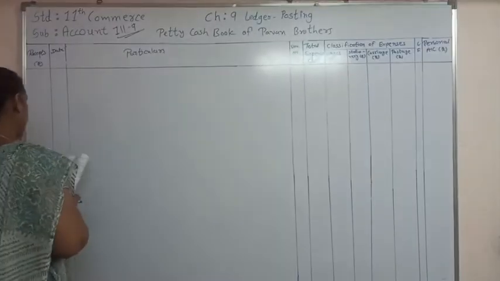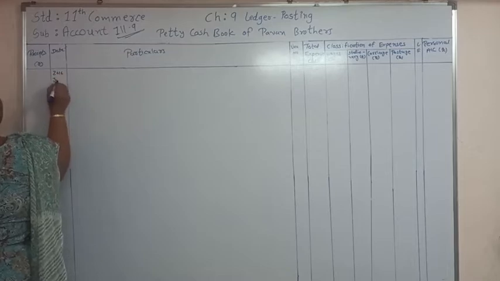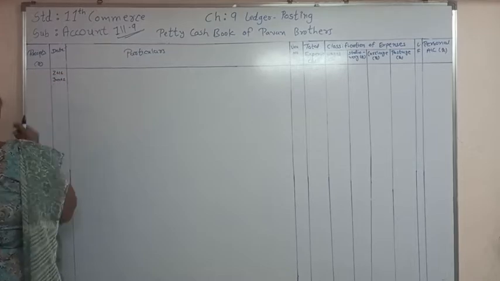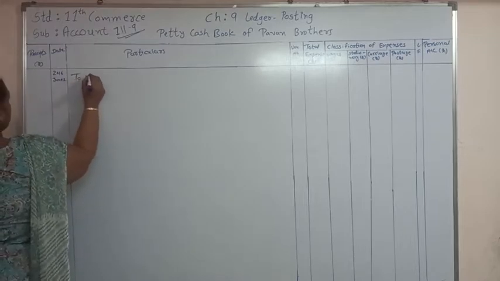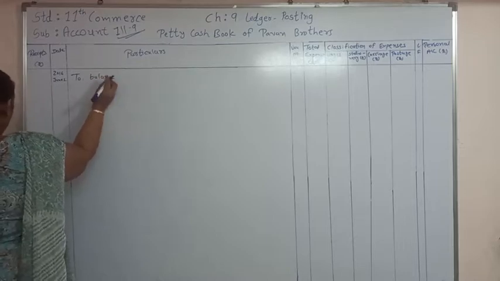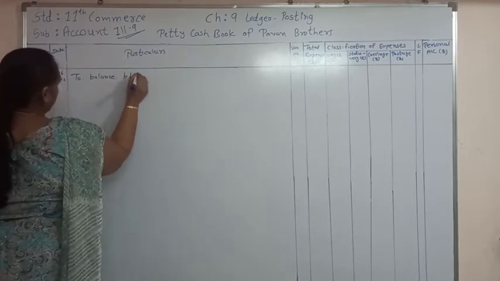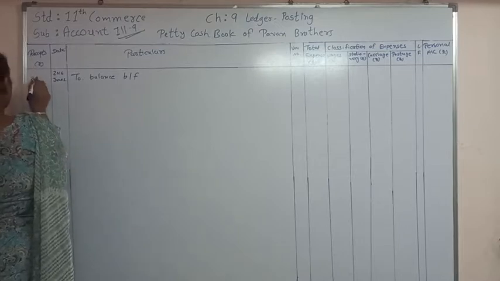So here on 2016 June 1st, to balance brought forward, and here we will write on the receipt side 3000 rupees.